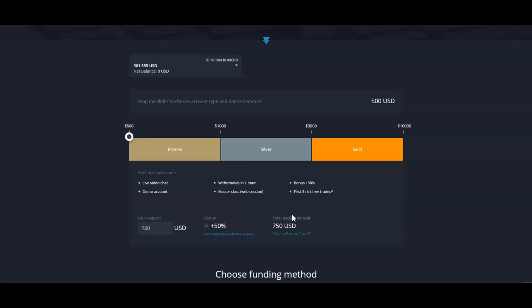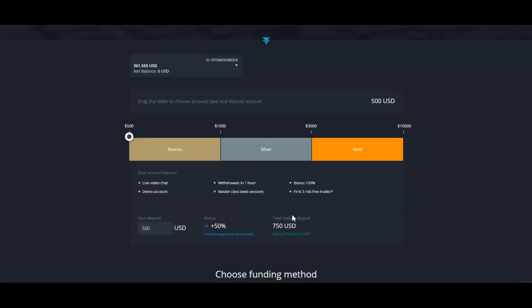Now, the thing about the deposits with the bonus, if you choose to take a bonus, you have to turn over 3 times the amount. So, for an example, we're taking a $500 deposit and we're going to get a $250 bonus. With that bonus, the total deposit would be $750.